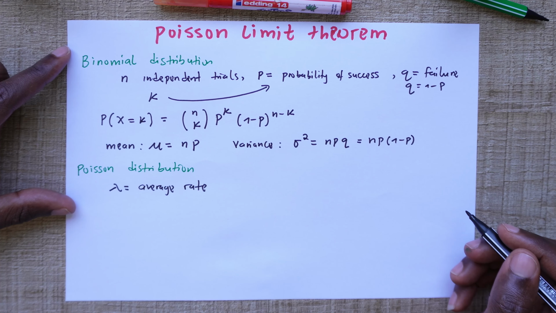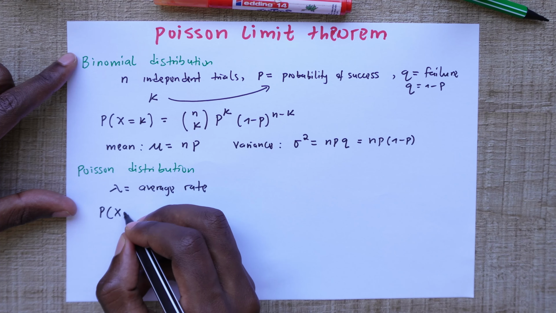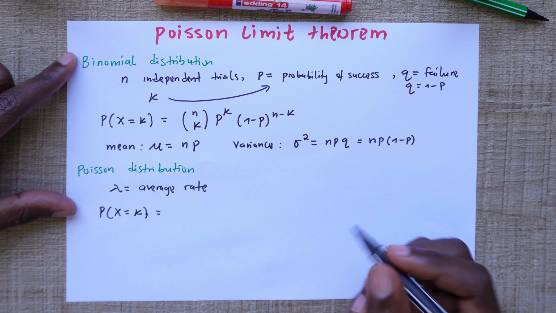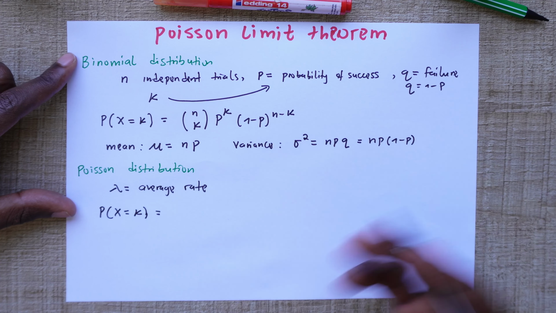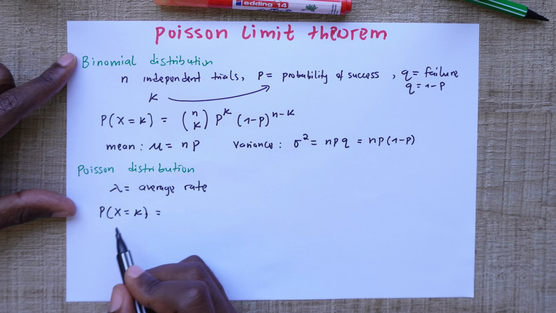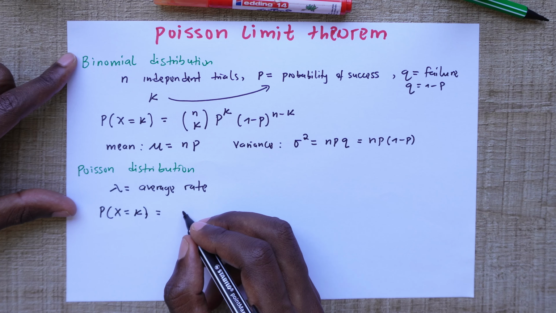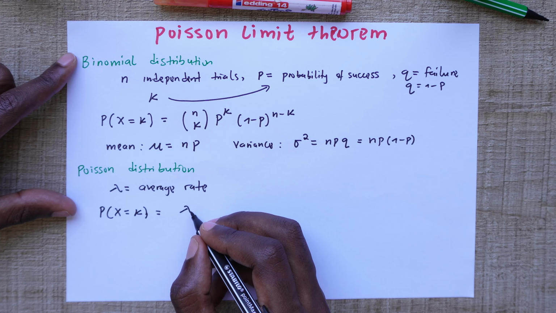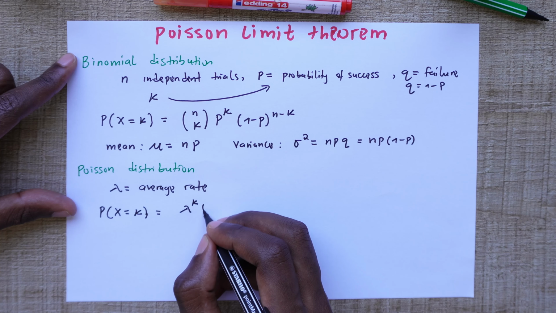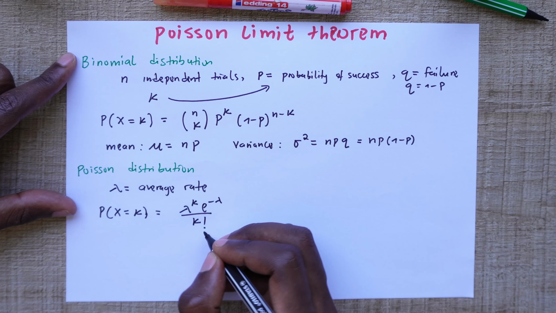In this case, if you want to calculate the probability that out of the n trials that you are performing, k of those trials are going to be positive, then you are going to use the Poisson distribution, which is lambda to the power k, e to the negative lambda, divided by k factorial.